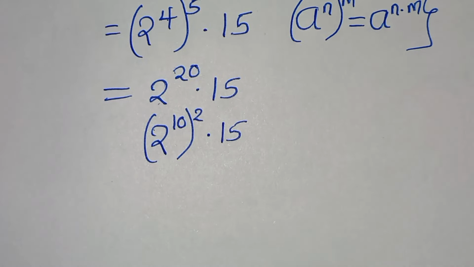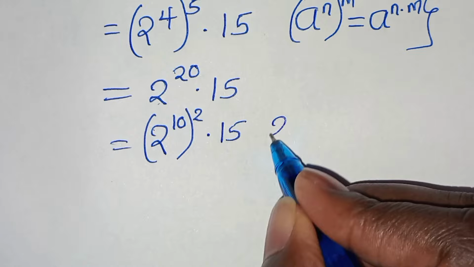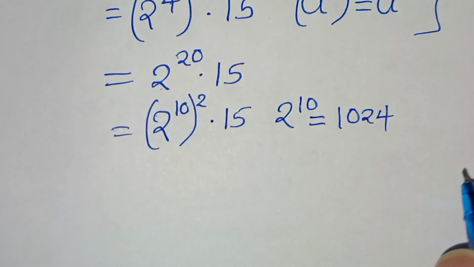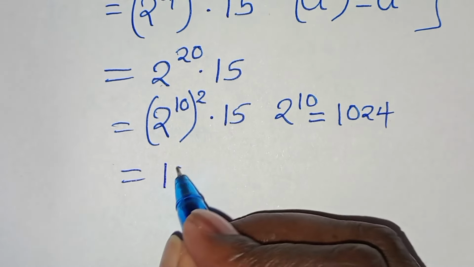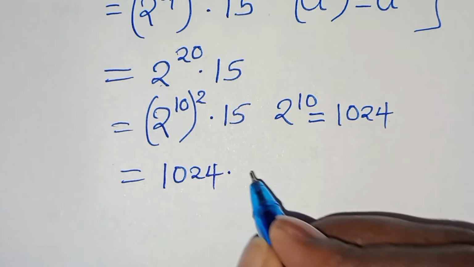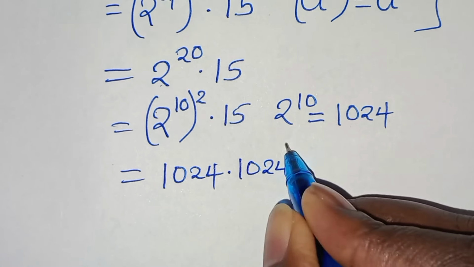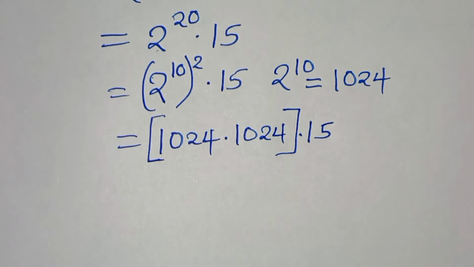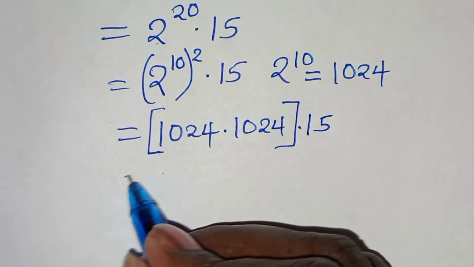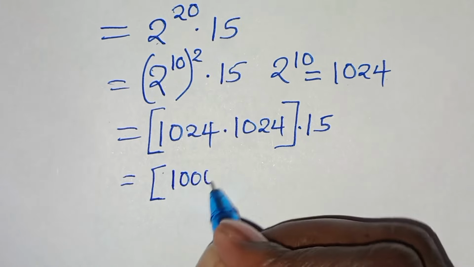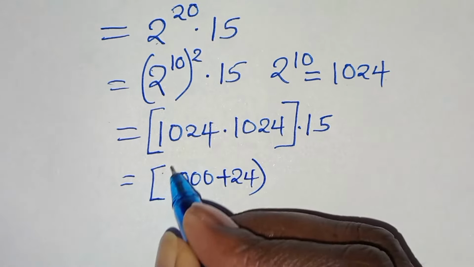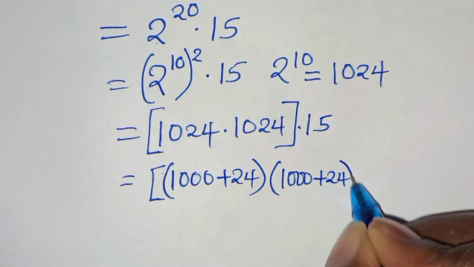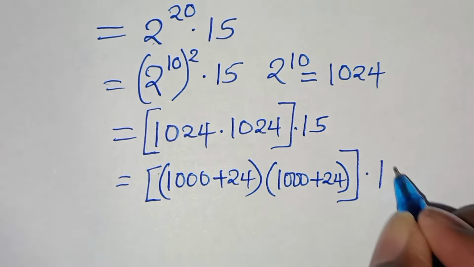Now, this implies that 2 to the power of 10 is the same thing as 1024. So this means that we have 1024 multiplying by 1024, everything here multiplying by 15. We can express 1024 as 1000 plus 24, multiplying by 1000 plus 24, close the parenthesis, everything multiplying by 15.